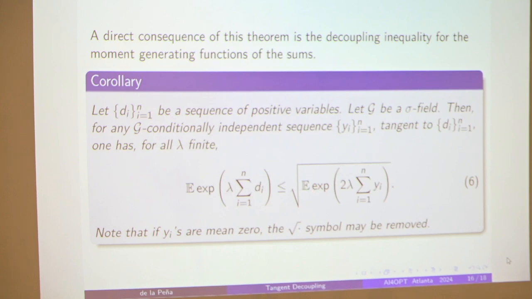Now, if the variables have mean 0, you can remove the square root, because the square root is unpleasant, since this will be bigger than 1 if the variables have mean 0. So that's a decoupling inequality, and it has many applications. I'll show you an application of that, maybe at the end of this lecture.